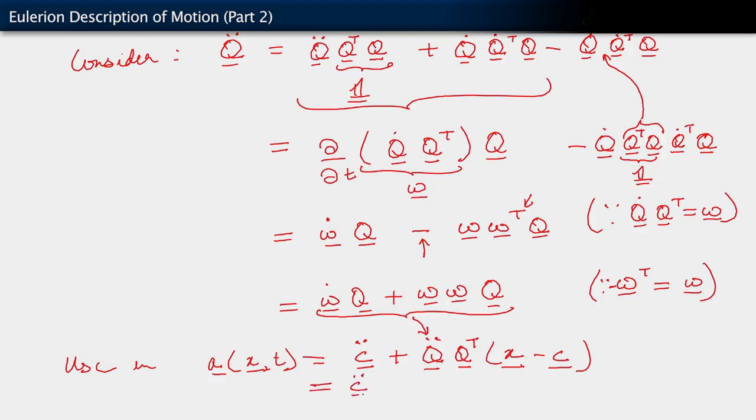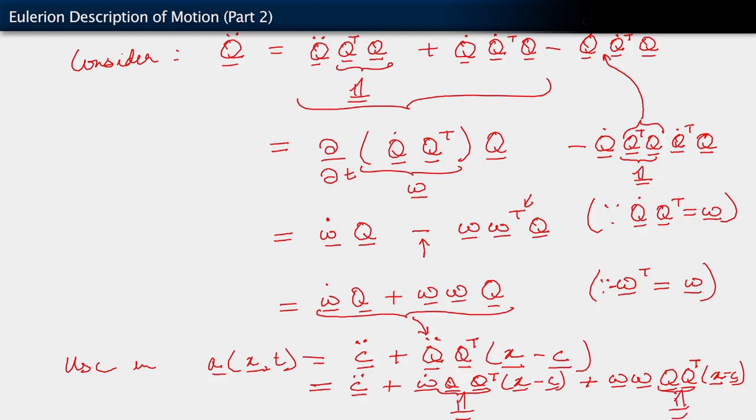It's c double dot plus omega dot Q transpose x minus c plus omega Q transpose x minus c. And observe here that Q Q transpose is the second order isotropic tensor there as well as there.